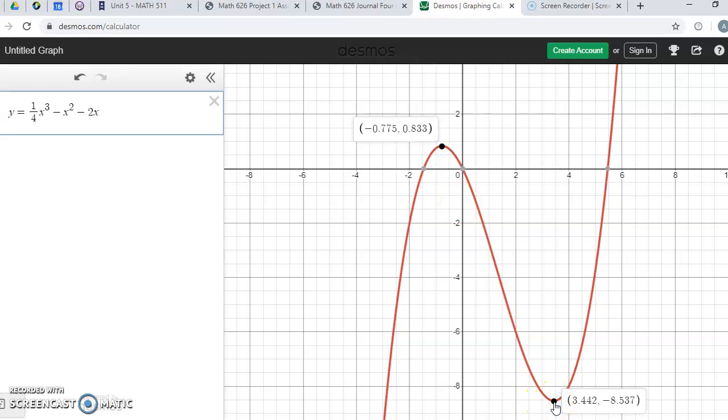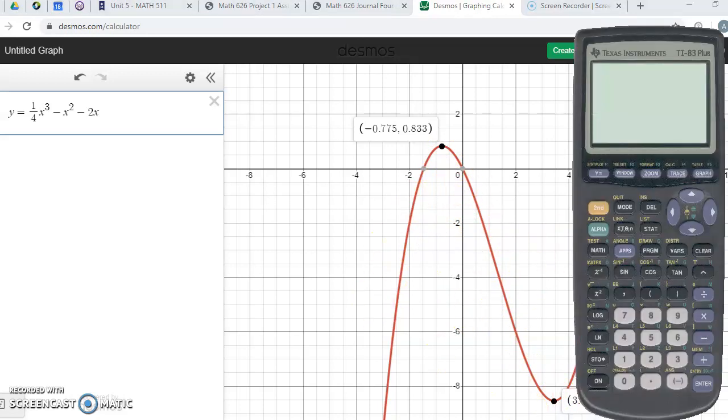Now, Desmos would not be encouraged to be employed for an assessment, for a test or anything, and certainly in calculus, we're going to want to know how to use our graphing calculator. But if you did want to double check that your graphing calculator and Desmos are in agreement, we certainly could continue to use Desmos.